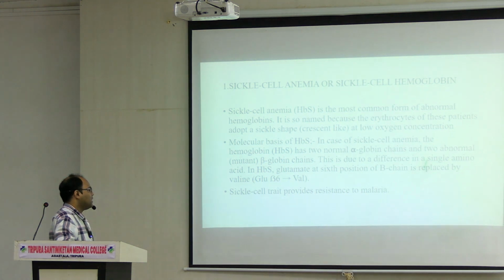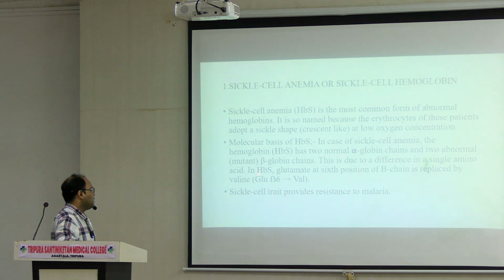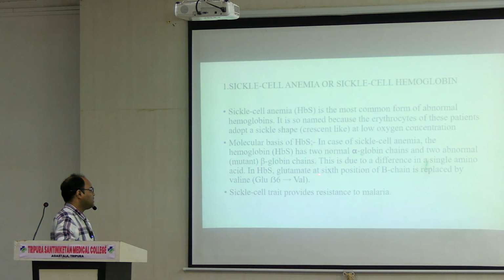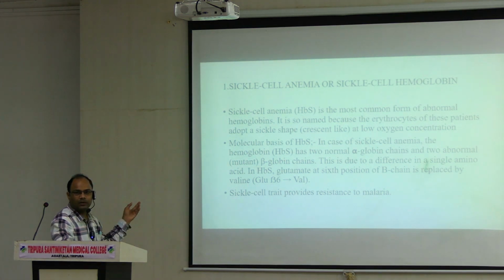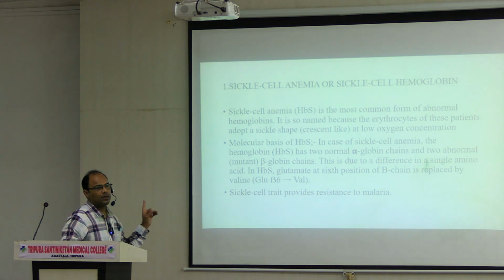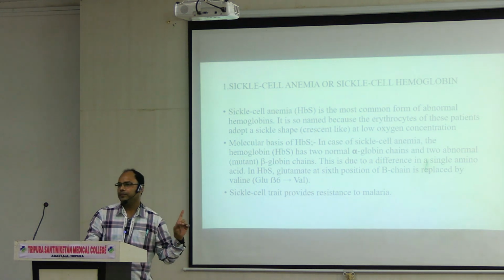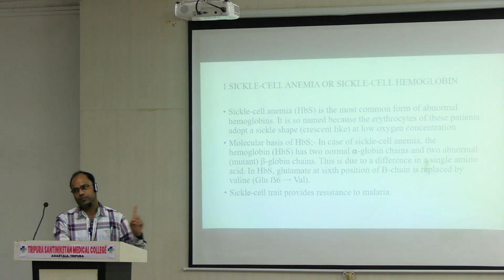This is due to a difference in a single amino acid. Glutamate at the 6th position of the beta chain is replaced by valine. This is very important. Almost every 1 or 2 years a PG question comes from this.